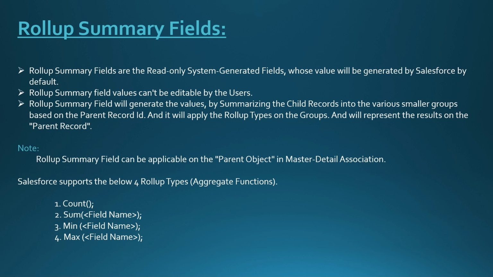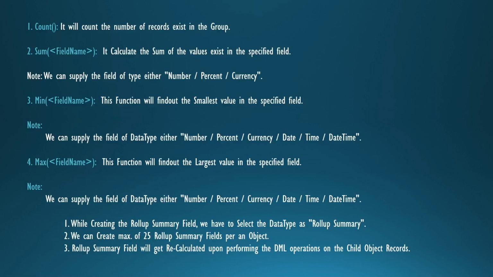Salesforce supports the below 4 rollup types, which are called aggregate functions. 1. Count. It will count the number of records existing in the group. 2. Sum. It calculates the sum of the values existing in the specified field. Note: we can supply the field of type either number, percent, or currency. 3. Minimum.